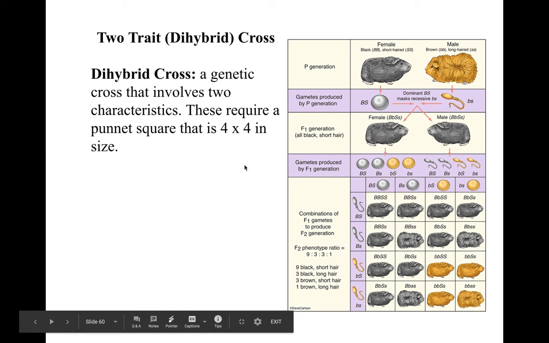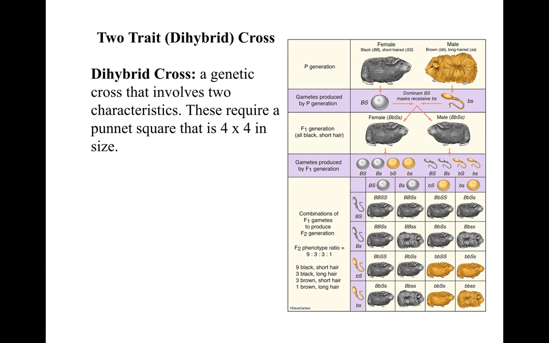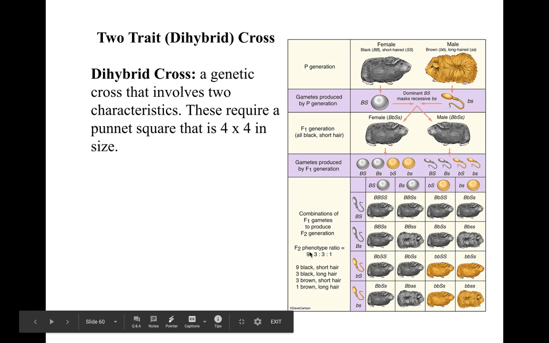So if we're going to do two traits, our boxes are going to be bigger. It's not going to be an out of 4 situation, but an out of 16 situation. In your book, when you read this, as we've been going through this, your book will be talking about understanding the probabilities and the phenotypes that will show up.